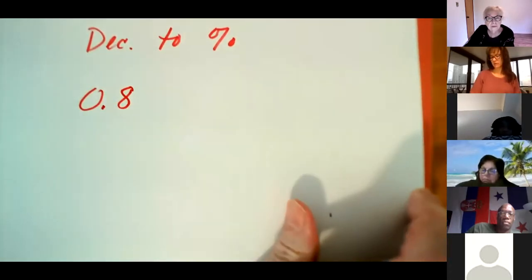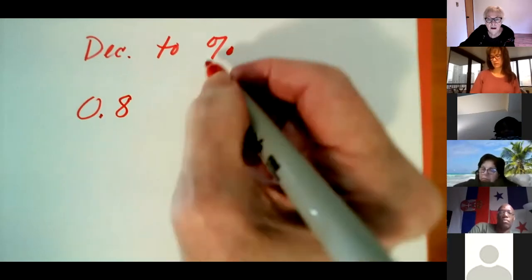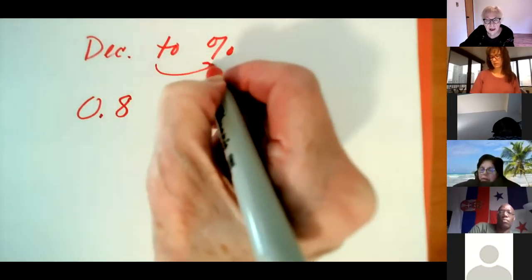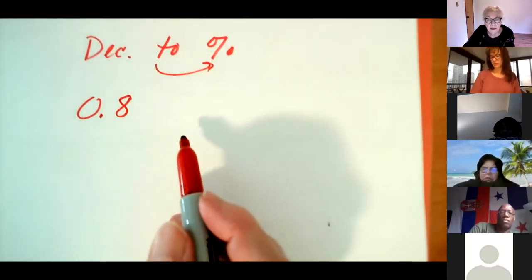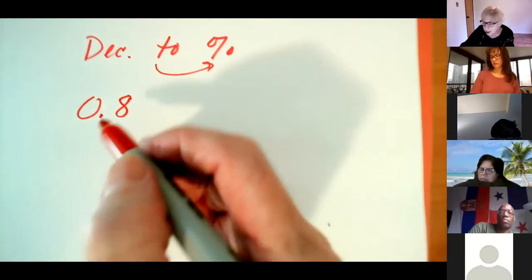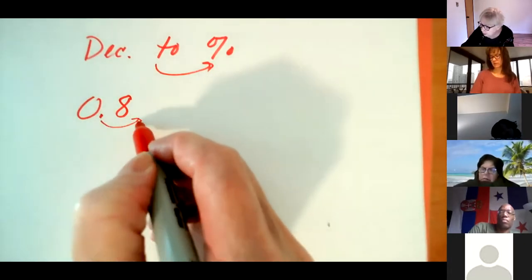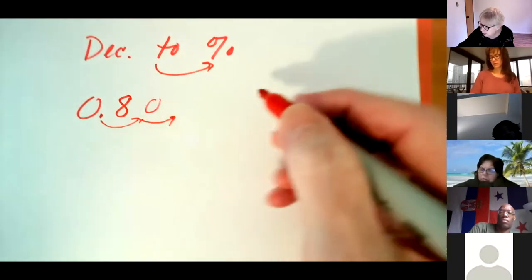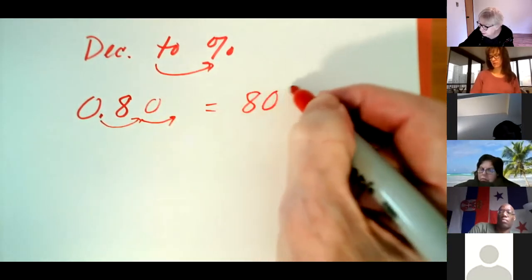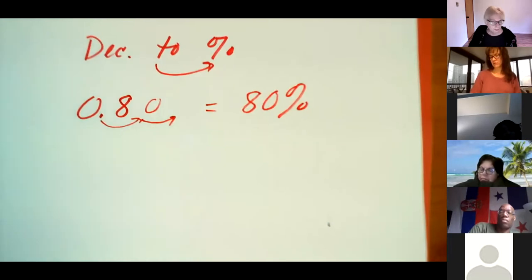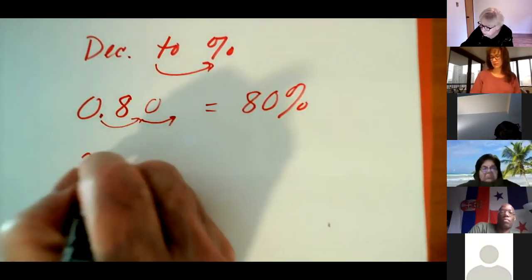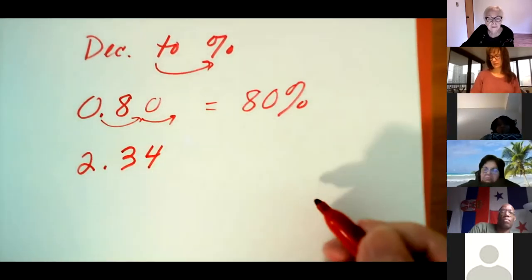0.8. Remember, when you're going toward the percent, it's 2 places to the right from the table. So that would be 1, 2. So the answer is 80%. 2.34.